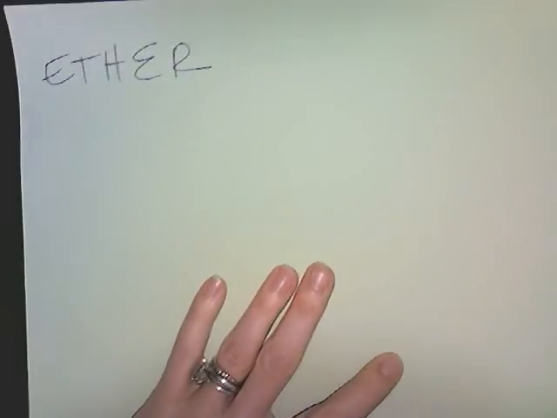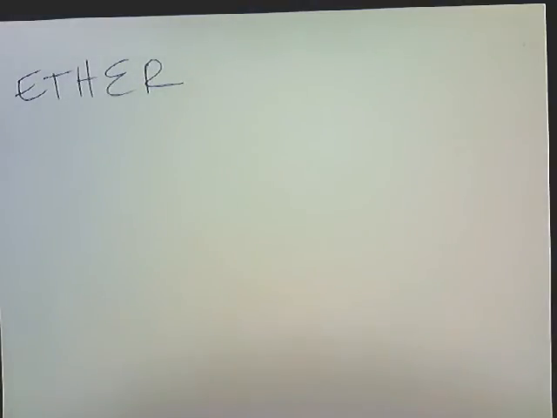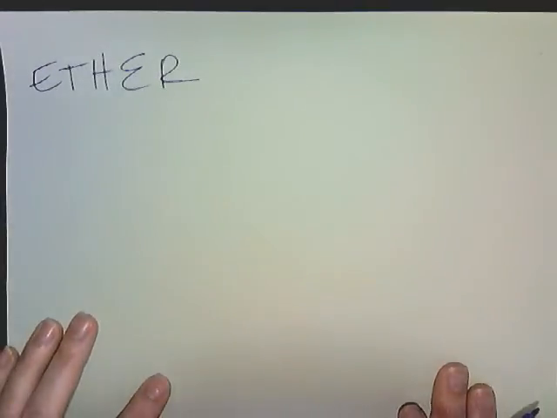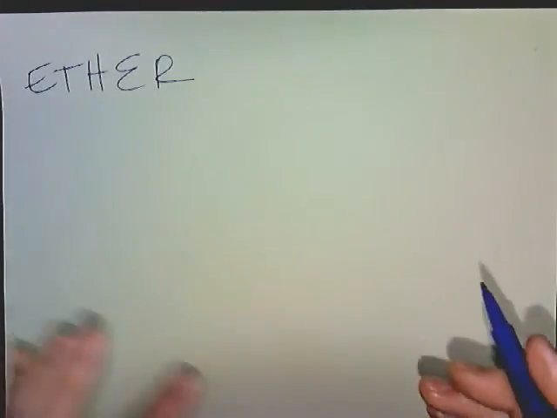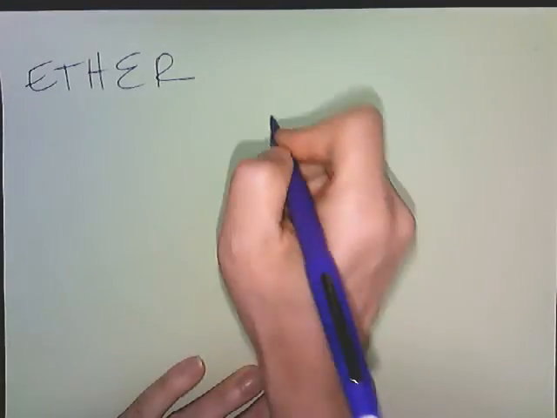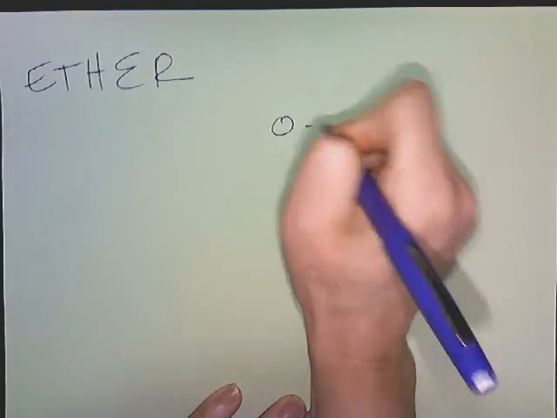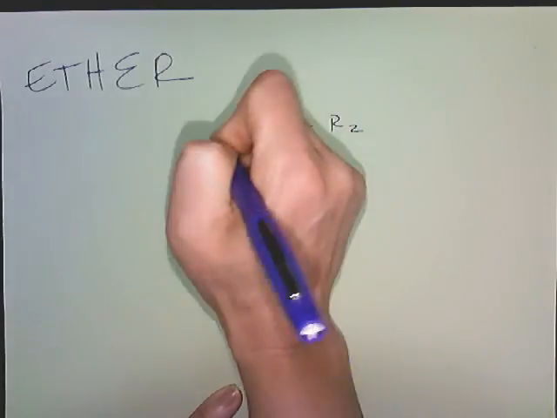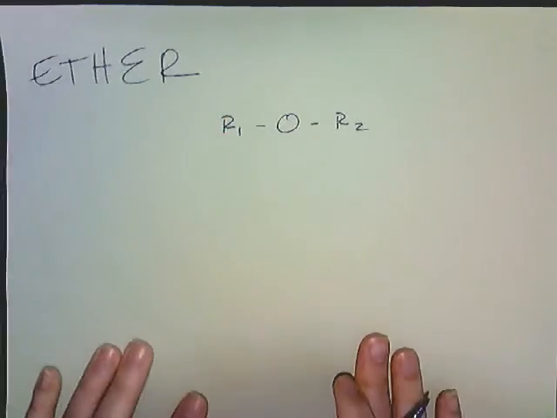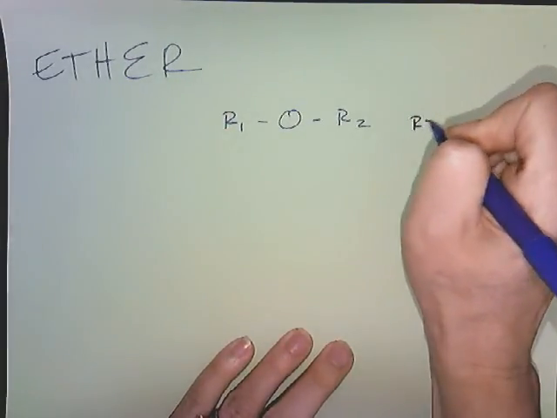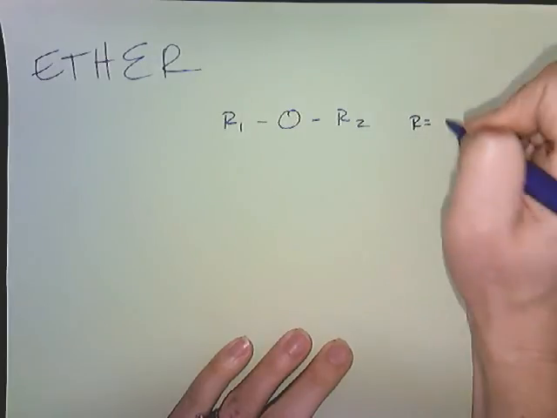And last but not least, our ethers. So our ethers are most notably defined by an O with 2 functional groups hanging off it. Okay, so that R that I use is variable.